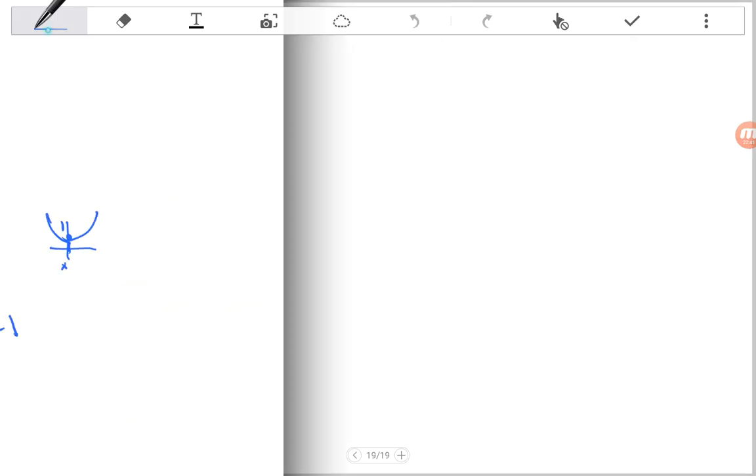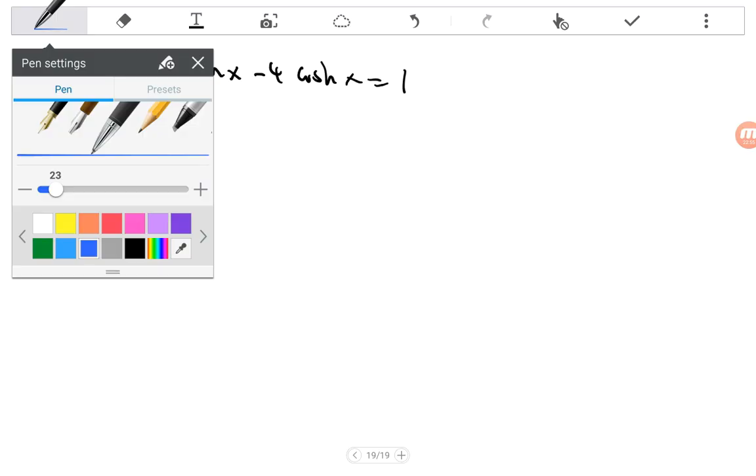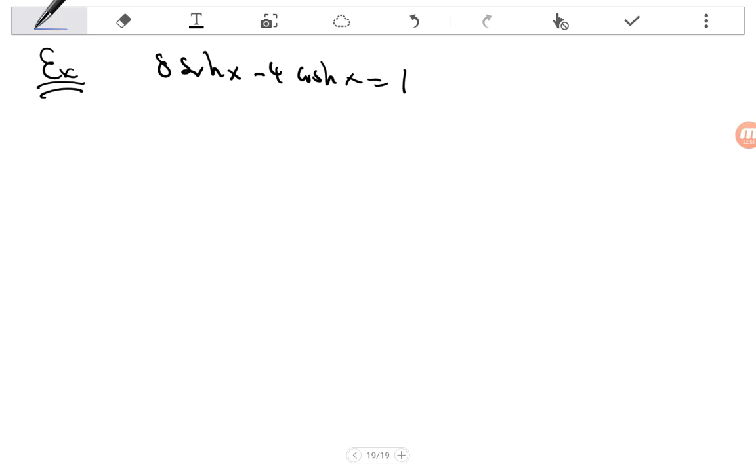Now what about this equation? 8 sine x minus 4 cosine x equals 1. Now, if I had this similar equation, but for trigonometric functions, that would be a difficult equation.